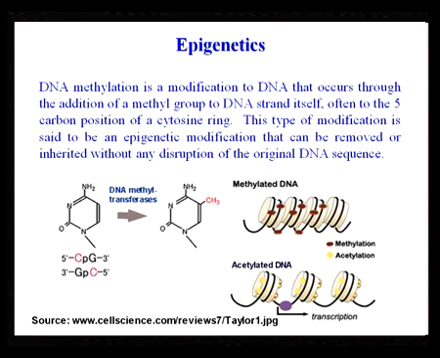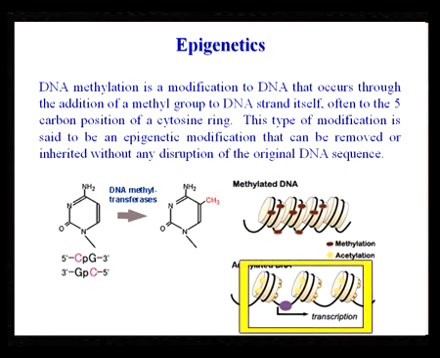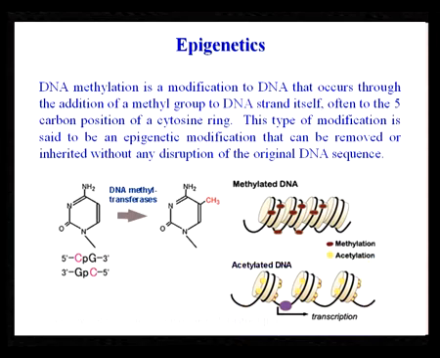It is very evident from the figure that methylated DNA is compact DNA, whereas acetylated DNA is relaxed DNA. Hence, we can assume that methylation leads to the shutdown of gene expression, and acetylation leads to transcription followed by translation.